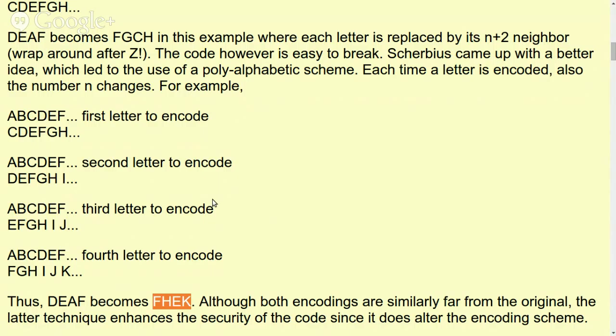This makes it harder to decrypt or to crack an encrypted message. As we'll see later, the Enigma machine's three rotors implement this polyalphabetic scheme. So that's one big part of the machine.